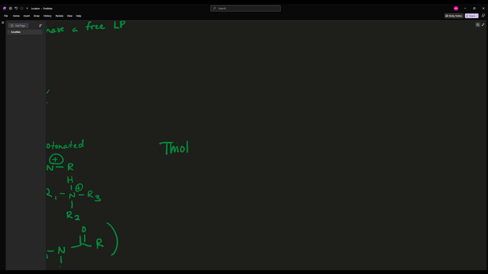However, that thio is referring to sulfur. So this has HS bonded to an R. Then we have the thioesters, which think back to the other esters. We have an S, double bond O, and this is attached to R and another R.